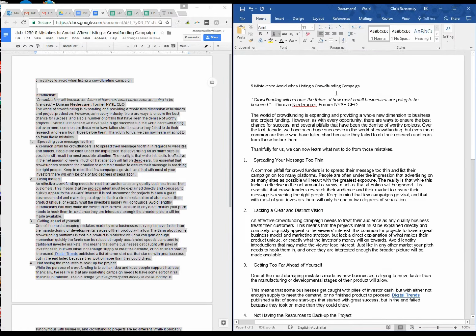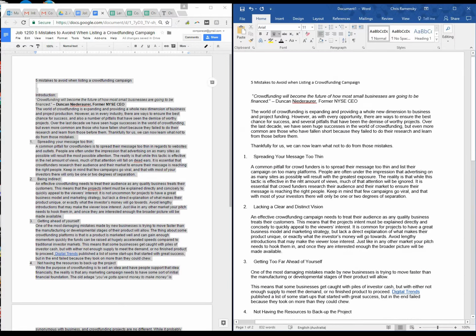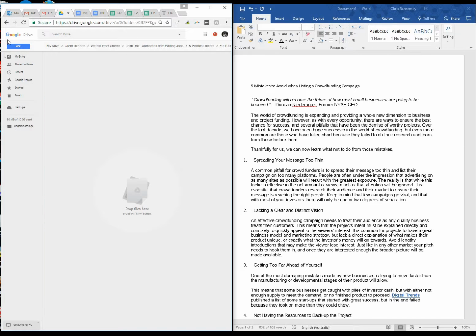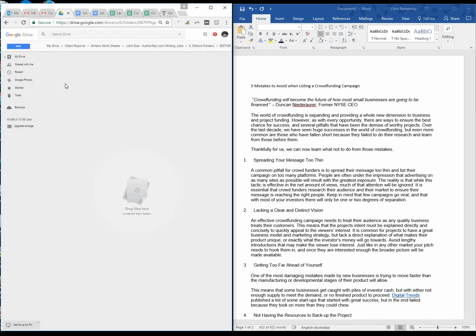Okay, so we've now edited this article, and what we're going to do is go back to our folder where the article has been edited, reviewed. I've already created a sheet here, but see if it's appeared yet.